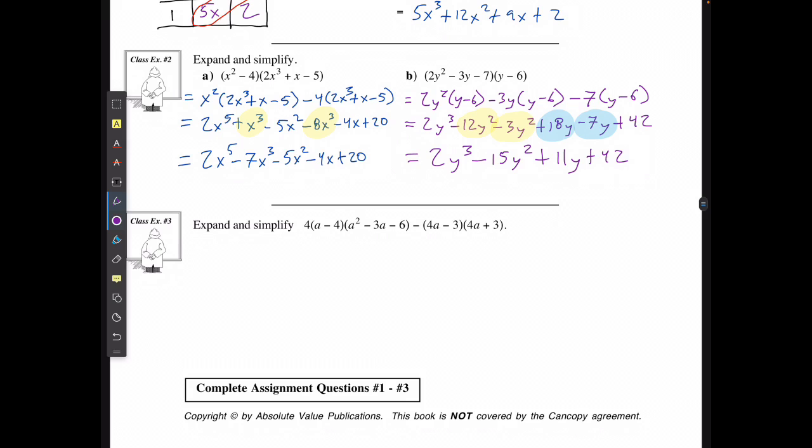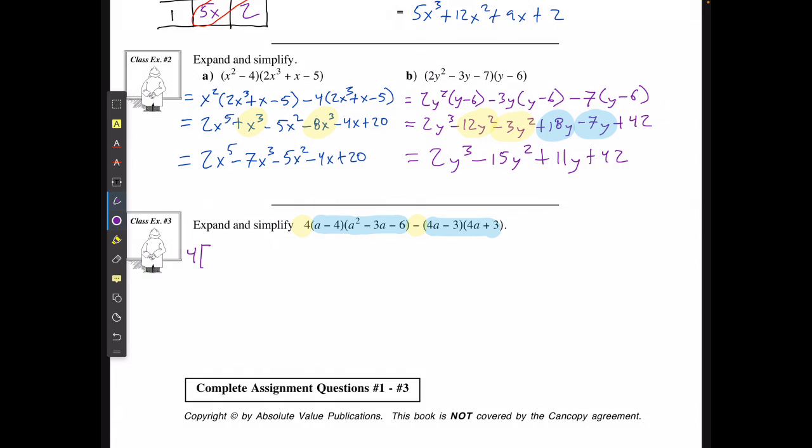When we get to example 3, remember, everything is the same as what we have done in the past. I'm going to multiply my more complex products first, and then I'm going to multiply by the coefficients afterwards. So I can say that I have 4.